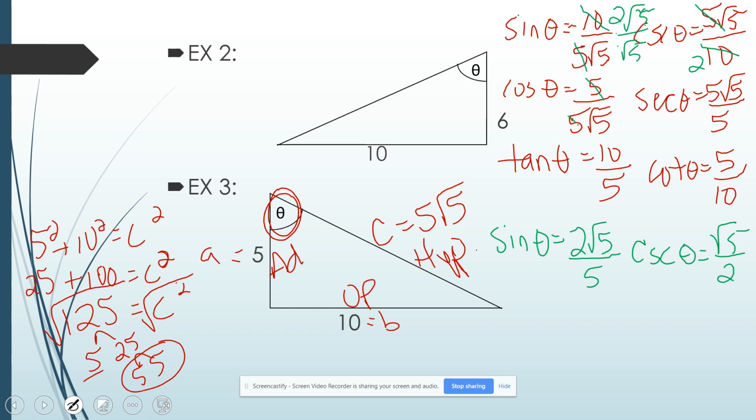For cosine, I'm reducing the 5s, leaving a 1 on the top, and then rationalizing the denominator by multiplying by the square root of 5. So cosine is the square root of 5 over 5.